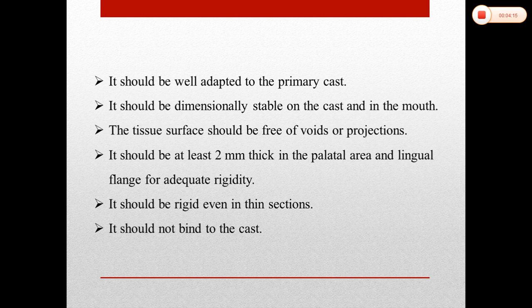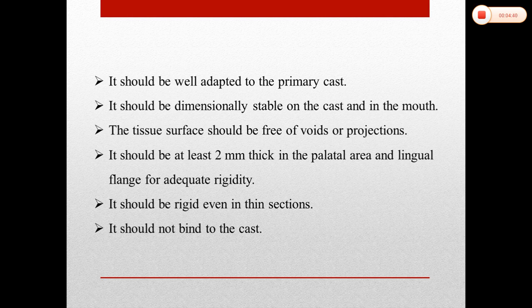The replica we get from that impression is known as a positive replica, a mold, or a model. This secondary, custom or special tray is fabricated on top of the primary model, that is, your positive replica from the primary impression.